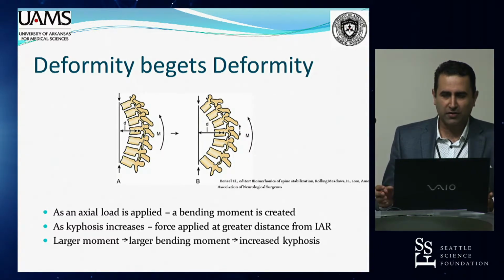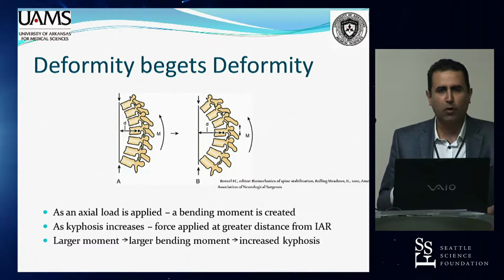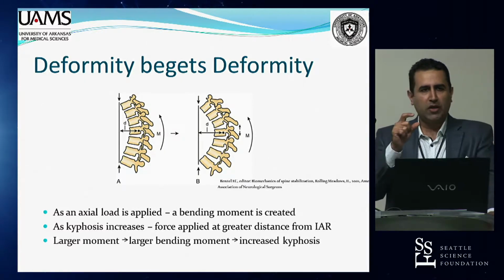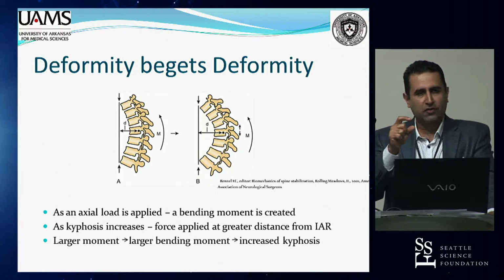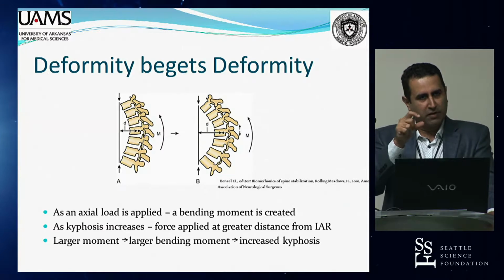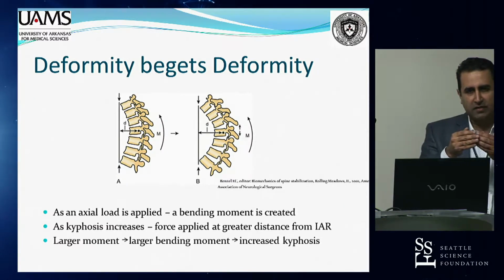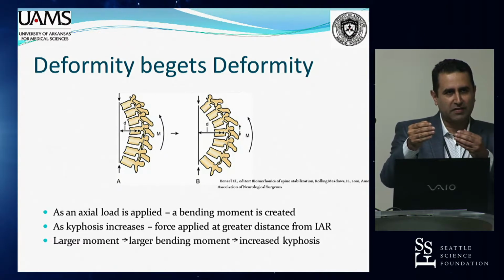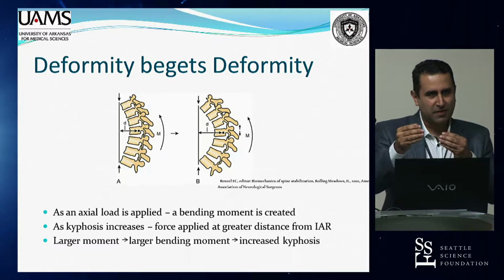I've certainly heard Dr. Chapman talk about this. I'm sure you have understood this concept that deformity begets deformity. So, for example, when you apply that axial loading force, we talked about the fact that this moment is created around the fulcrum. Let's say that some kyphosis is built in and that distance is increased from that axis of rotation. Well, guess what?